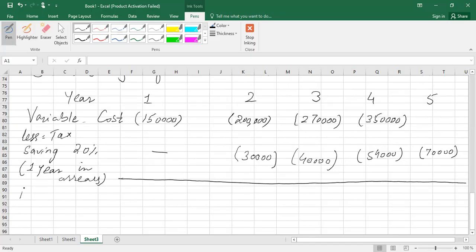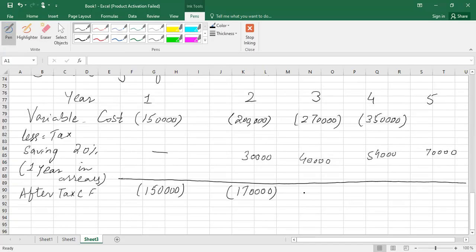Now calculate after-tax cash flows. For year 1 it is 150,000. It is tax saving, so there will be no use of brackets over here. Brackets are used for the payments. Here we have 170,000. Then we have 230,000. Then we have 296,000.